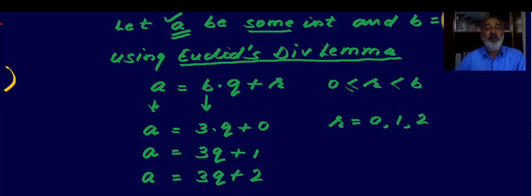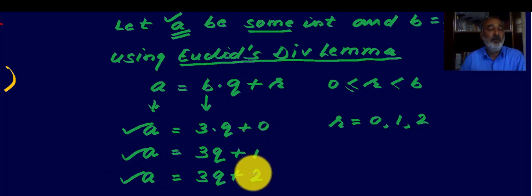Had I taken b as 5, then you would have to write 5 different values here. If the value of b is 2, you have to write out 2 different forms. Remember this. Forms of a depend on b. Now we can write a in 3 different forms, taking 3 different values of r.